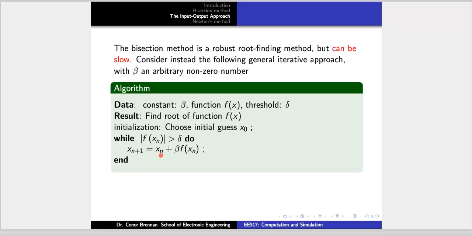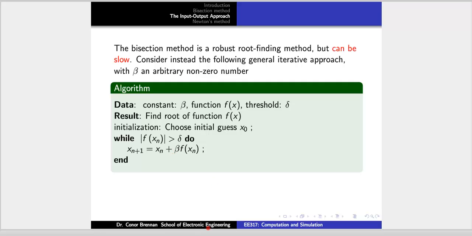You take your previous estimate xn and you update it to make xn plus 1. You update it by taking the previous guess xn, working out f of xn and scaling that by beta. So the new guess is equal to the old guess plus the function evaluated at the old guess multiplied by beta. That's a general family of methods called the input-output method.